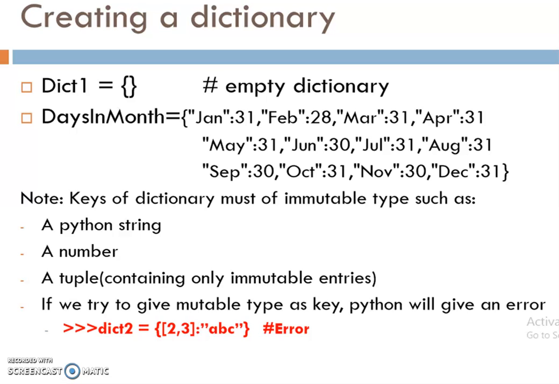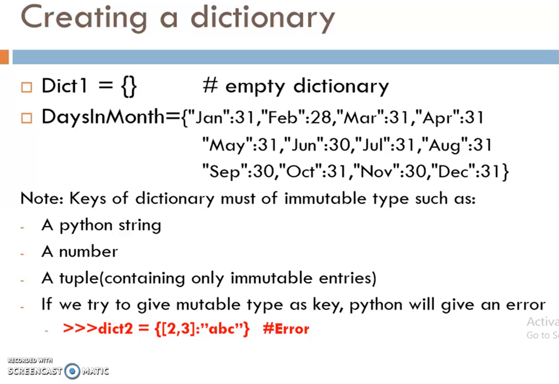For example, dict2 is equal to [2, 3] colon ABC. Here 2, 3 is given in square brackets, so it is a list, a mutable type, and it will raise an error. So you must always give the key as an immutable type.